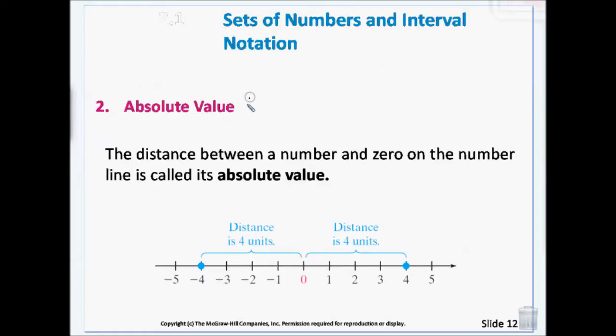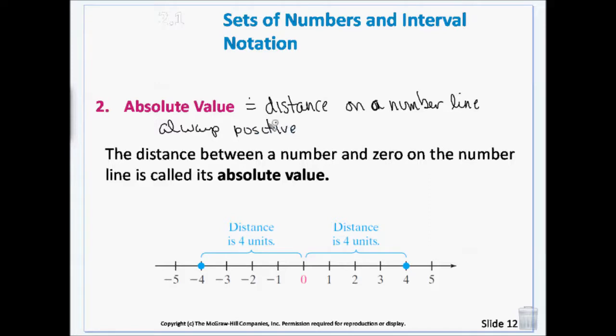Absolute value is distance. And it's distance on a number line. Okay? And absolute value is always positive. The reason is, if I walk a mile forward, I walked a mile, correct?